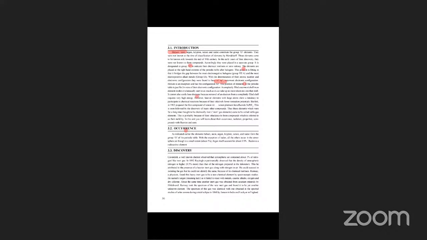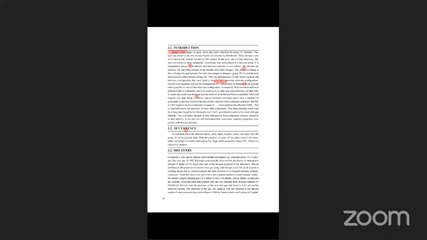With the exception of radon, all the others occur in the atmosphere, though to a small extent, about 1%. Argon itself accounts for about 0.9%.